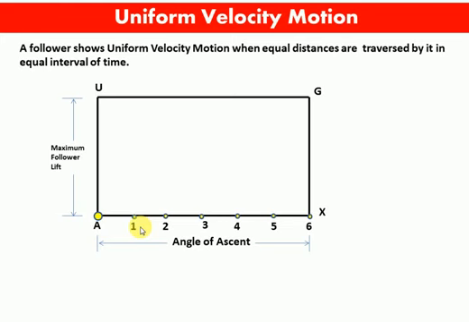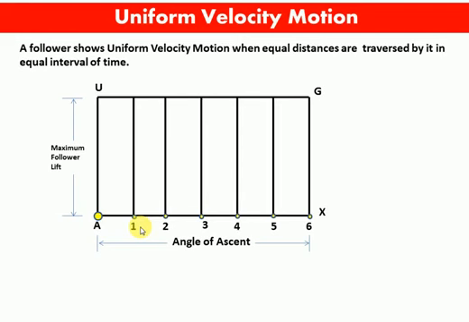Then we'll draw vertical lines from points 1, 2, 3, 4, 5 and 6. Then we'll join a linear curve from point A to G. That is, we'll draw a straight line from point A to point G. This blue line AG represents the displacement of the follower when it is following a uniform velocity motion.